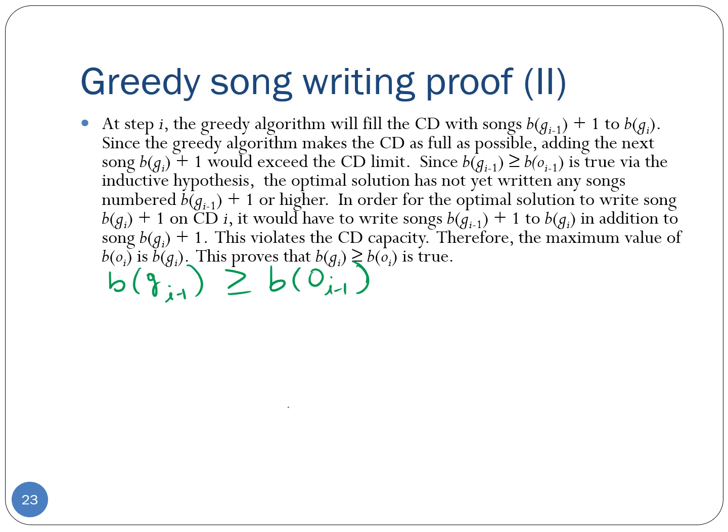So let's now see what the greedy algorithm will do in the ith iteration. In the (i-1)th iteration, the greedy algorithm wrote songs up to number B of G_{i-1}.